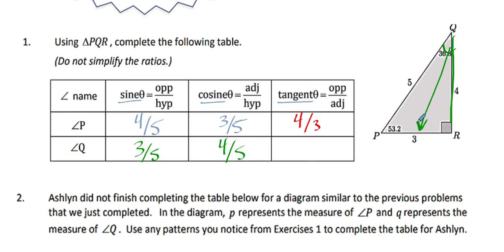Now my opposite side is 3, and my adjacent side is 4. So 3 over 4 is that fraction. So you can see when we talk about the other angles, aside from the right angle, it's really just changing which one we reference as the opposite side and the adjacent side.